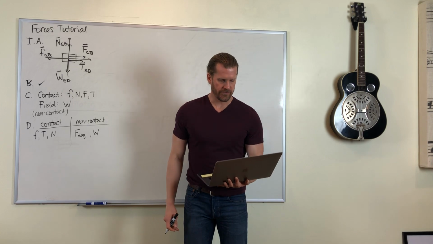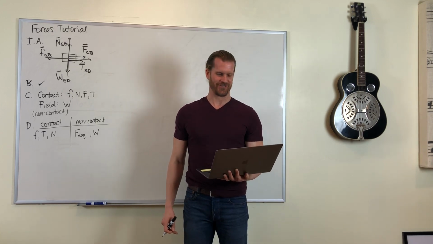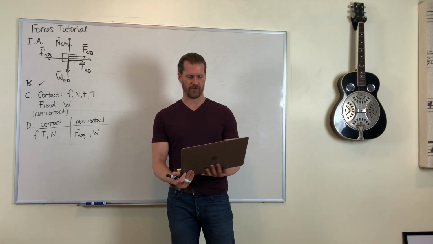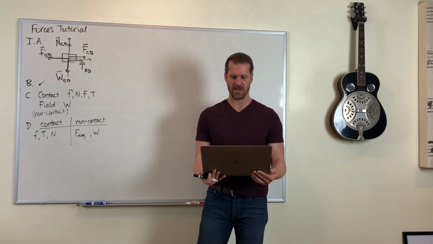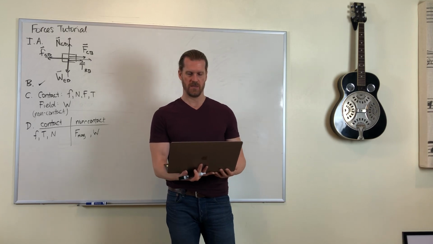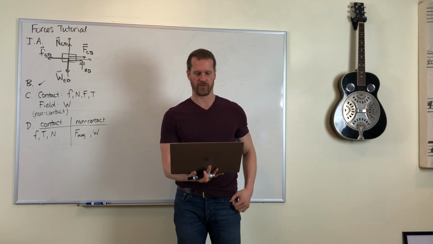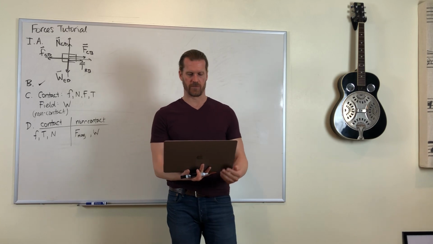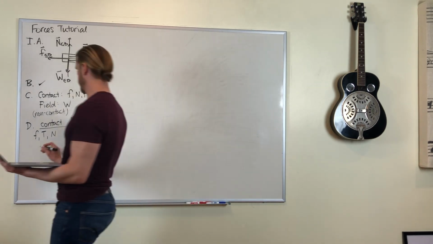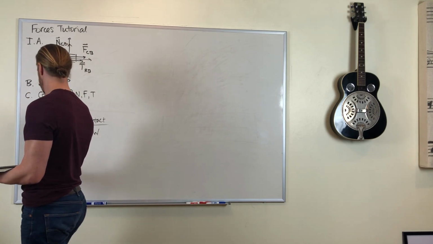Part E, consider the following discussion between two students. Student 1, I think the free body diagram should have a force by Chris, a force by the rope, and a force by Pam. Student 2, I don't think the diagram should show a force by Pam. People can't exert forces on blocks without touching them. I agree with student 2 in this case.